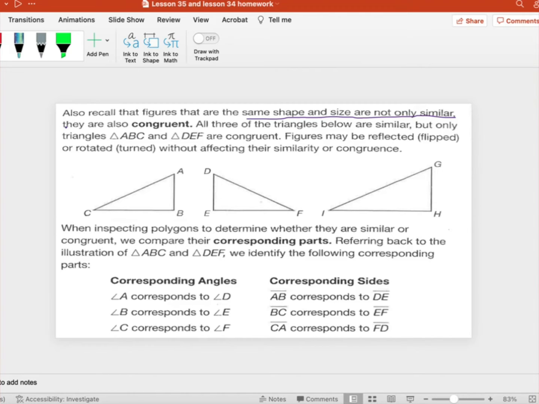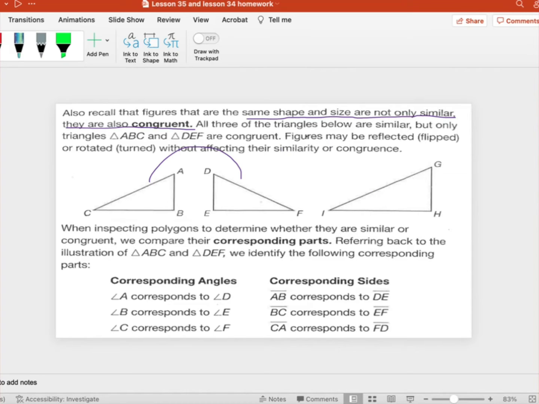Okay, so when we're looking at it, congruent is same shape and size. All three of the triangles below are similar, but only triangles A, B, C, and D, E, F are congruent. So these two are congruent. What they're saying is that these two are similar, meaning they have the same shape.